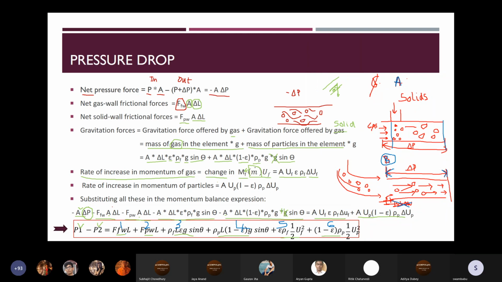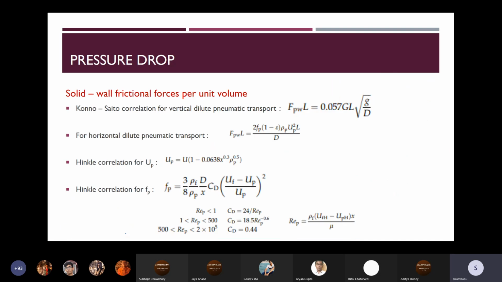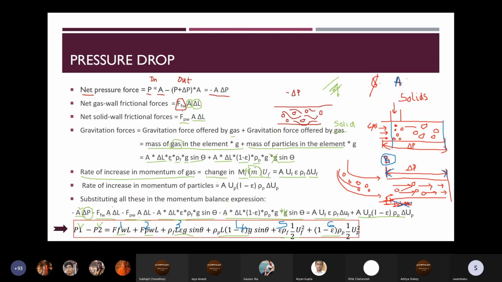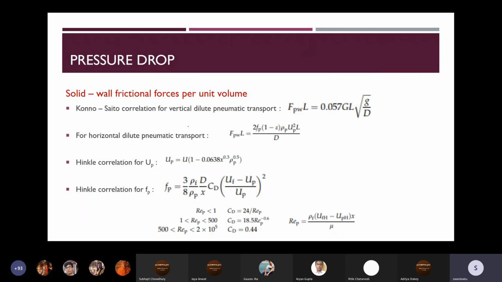That is fine. So this is the way we will estimate pressure drop, and this is the way we will consider the importance of these terms. In the previous one we have two unknown terms, FFW and FPW. How do we find them? We use empirical correlations for the solid wall frictional forces per volume, FPW.